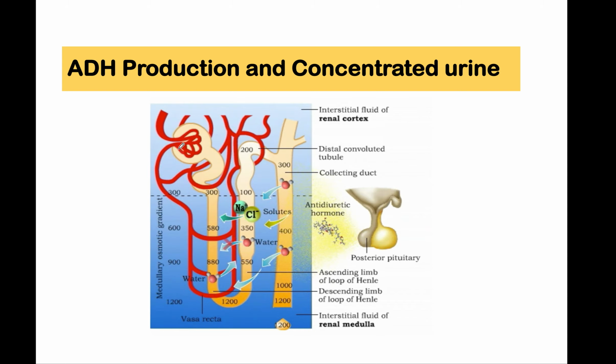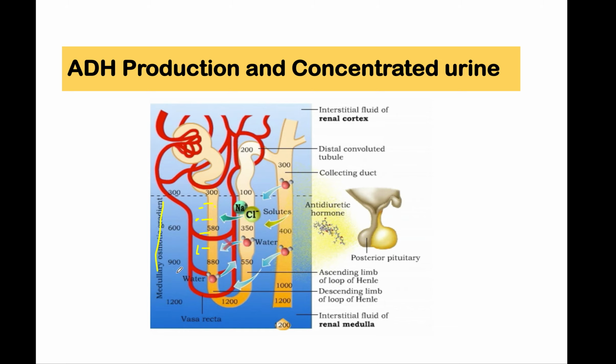You see the glomeruli, and here you see the kidney tubules, and the fluid around it is the extracellular fluid. And this is the osmolarity. And as we go deeper into the medulla, the osmolarity increases. See, the color of the water is getting darker. And here, this is where the reabsorption is occurring.